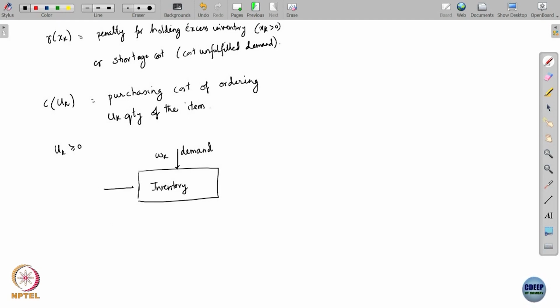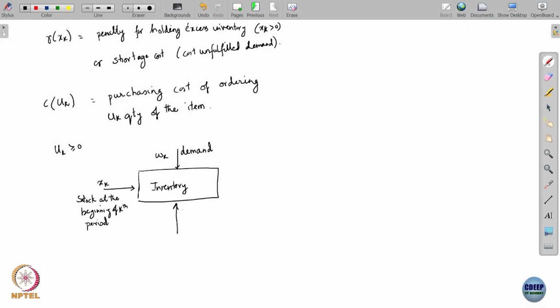The stock at the beginning of the kth period is x k.